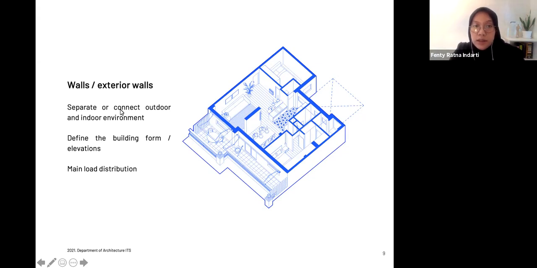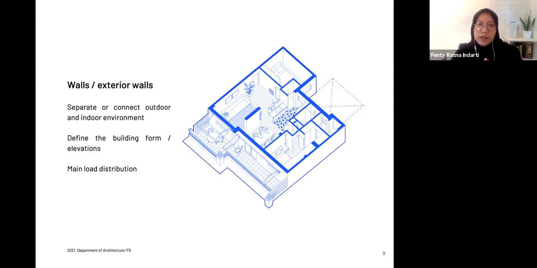The second thing is to connect the outdoor and indoor environment. If we are talking about walls, it doesn't have to be a separation. It can be a connection. If we are talking about connections, it can be made from transparent materials, and then we can see that there is a connection between the built environment and the natural environment. I think you learned about the built environment and natural environment in the course this morning, the introduction to the built environment.